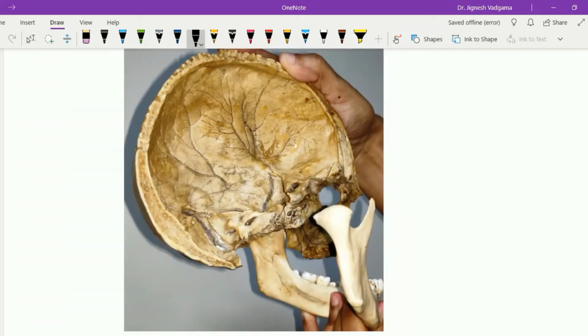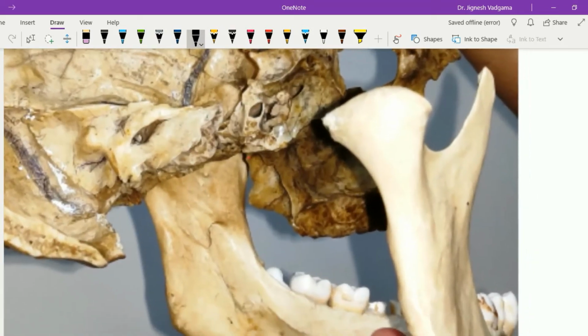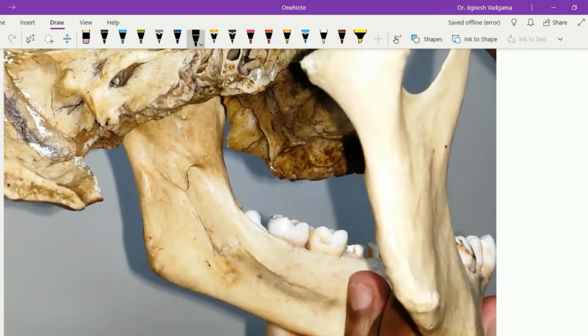This view is the sagittal section of the bony skull with the intact mandible articulated with it. Here we can appreciate the medial pterygoid plate with the pterygoid hamulus, this is the pterygomandibular raphe, and this line is the mylohyoid line, and within the mandible the tongue lies.